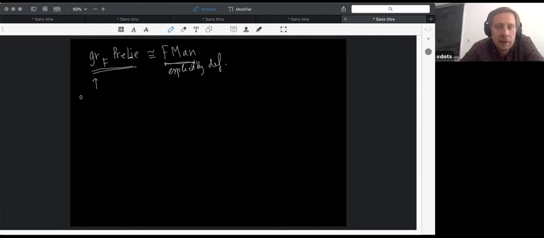This is generated by the class of the PreLie product, but this operation becomes commutative in the associated graded world because A star B minus B star A defines the filtration.